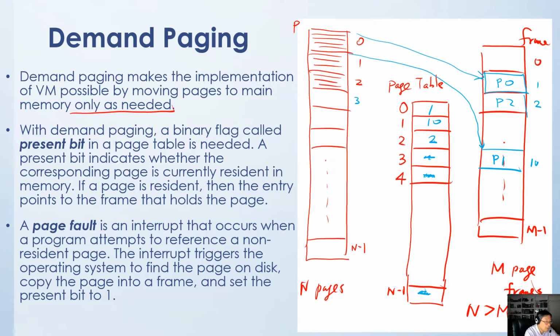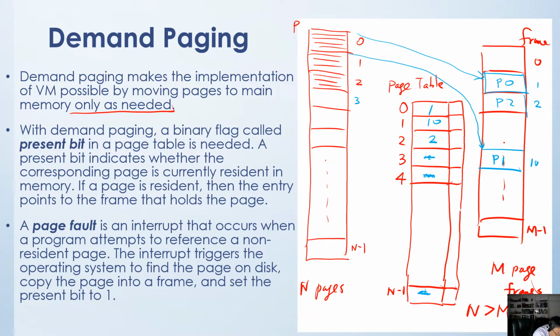The operating system uses another 1 bit in the page table. For each item, it creates another bit, called a present bit.